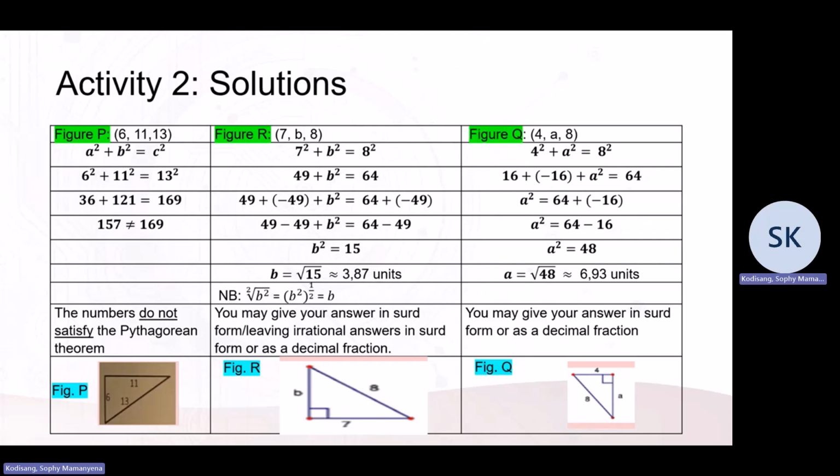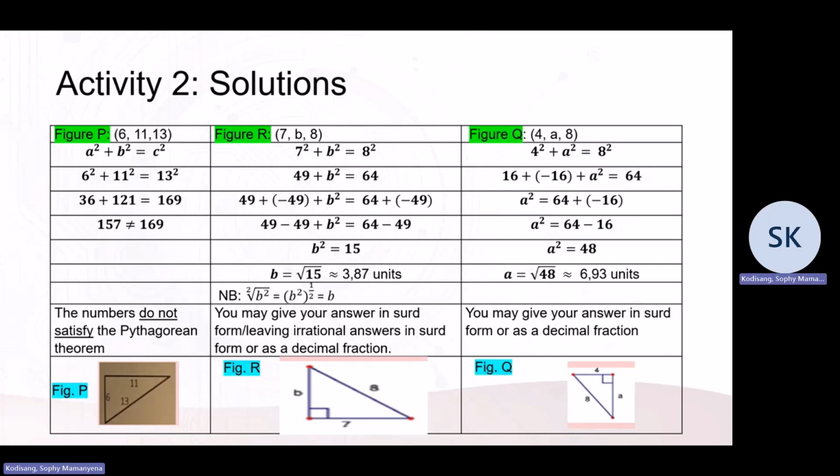Figure Q, the same thing. We're applying the same rule. Have the equation ready. A squared plus 4 squared is equal to 8 squared, and 4 squared is 16. You add to this a negative 16, which is the additive inverse of 16, and A squared is equal to 64. So what you did on the left hand side must also be done on the right hand side. You have introduced negative 16 on the left hand side. It's important also to introduce the negative 16 on the right hand side.